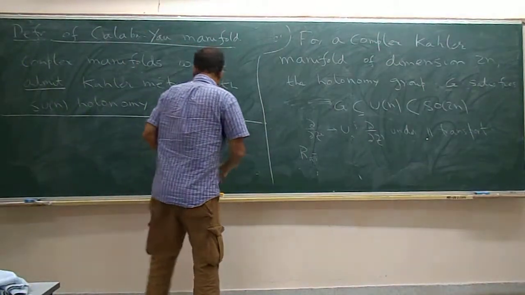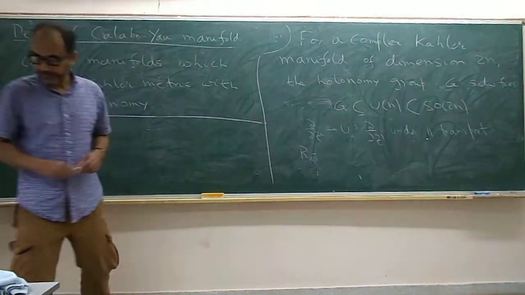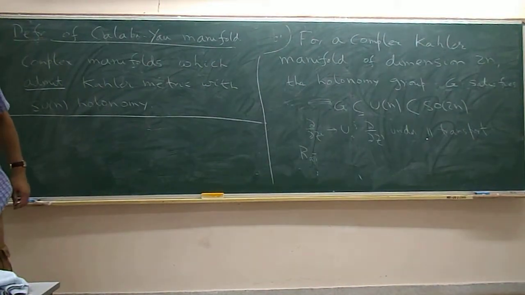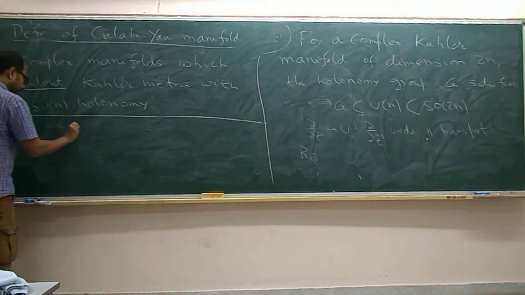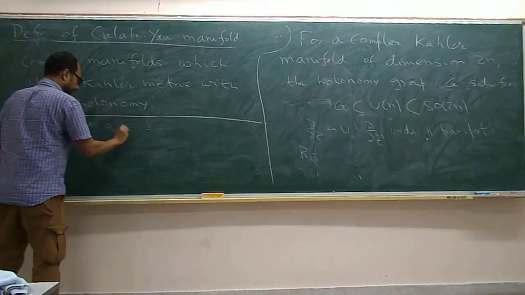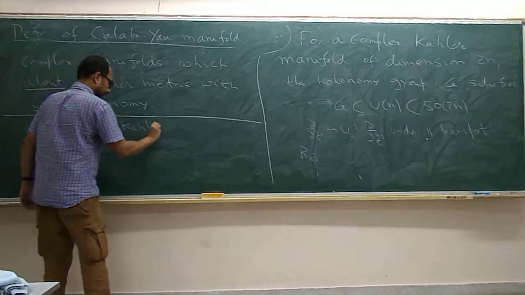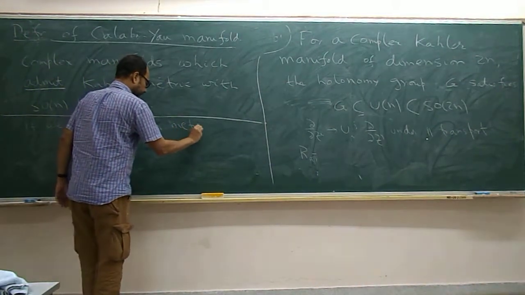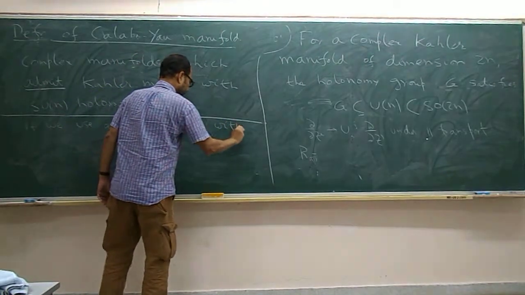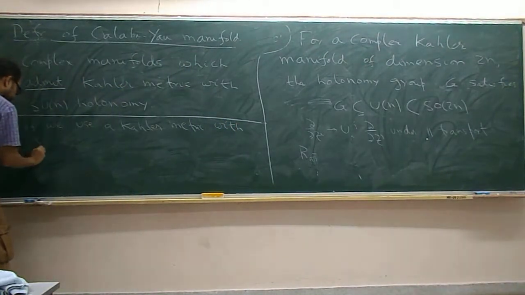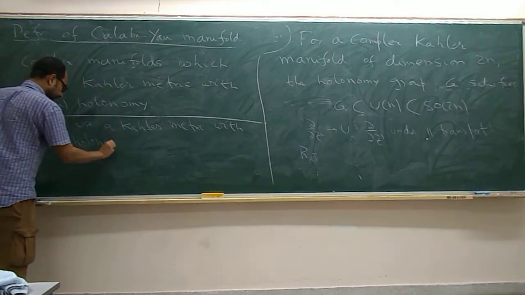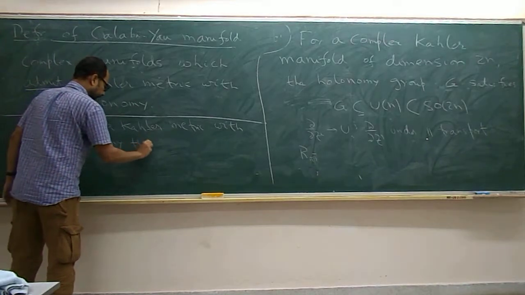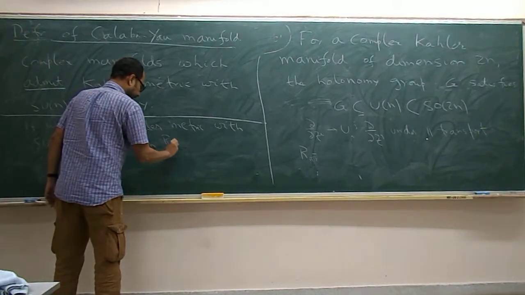Okay. So let me write that. If we use a scalar metric with SU(n) holonomy, then the Ricci tensor vanishes.